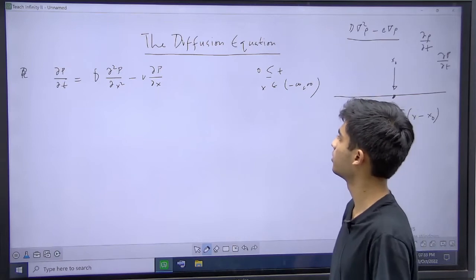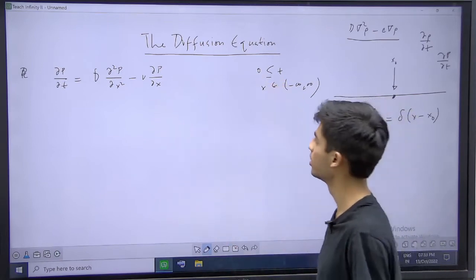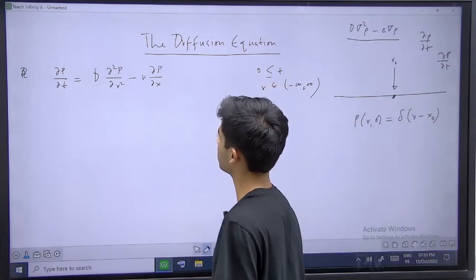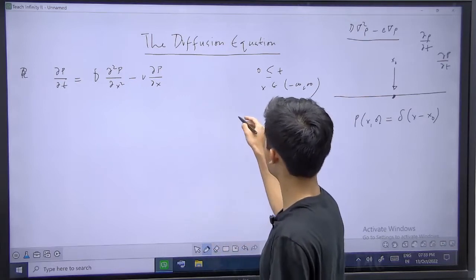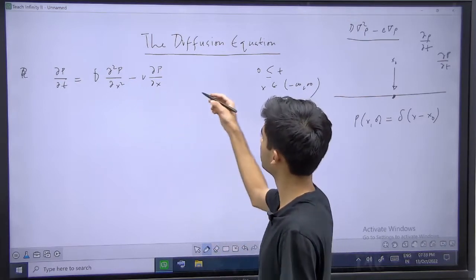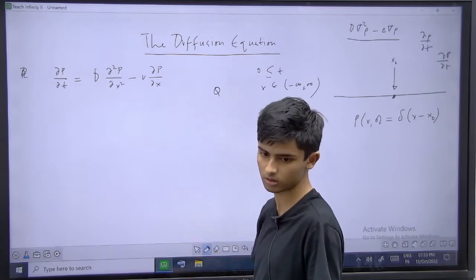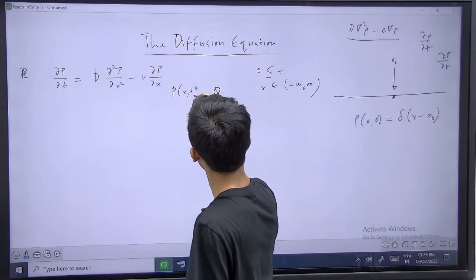The first transform I will take will be for time, and that will be a Laplace transform, looking at this 0 less than t, 0 to infinity, that's where t goes from. I will call the Laplace transform of p as q, okay.